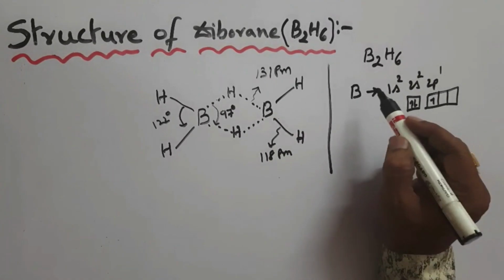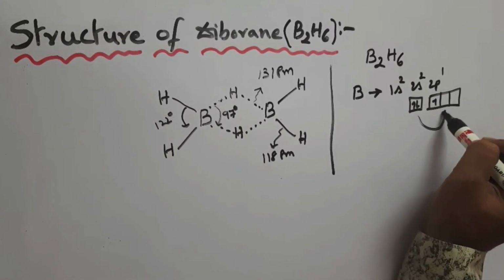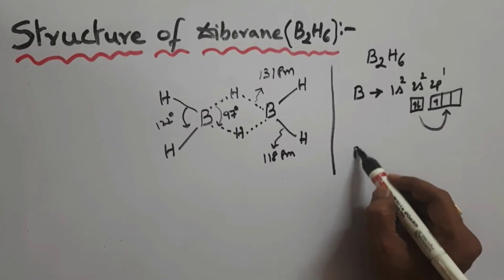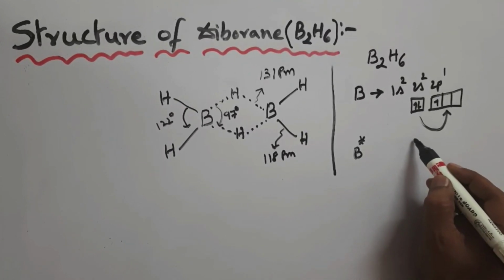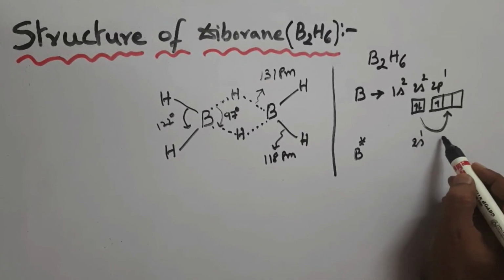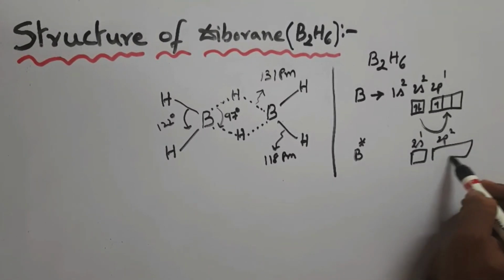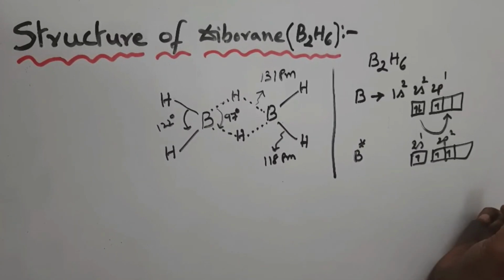But in the excited state, one electron gets promoted from 2s orbital to 2py orbital. As a result, we get the electronic configuration in the excited state as 2s1, 2p2, like this. This is the scenario in the excited state.